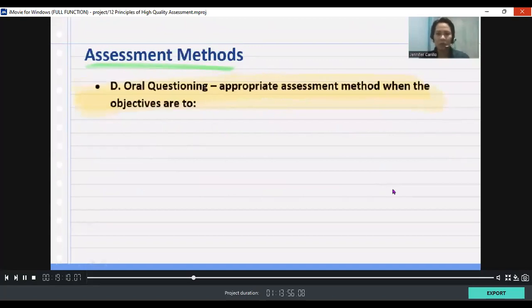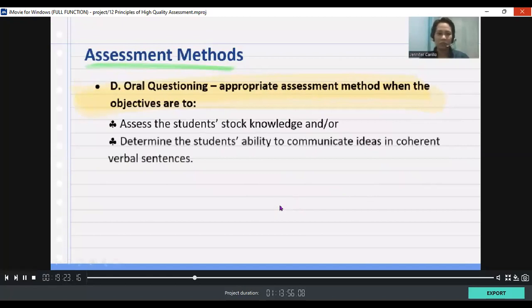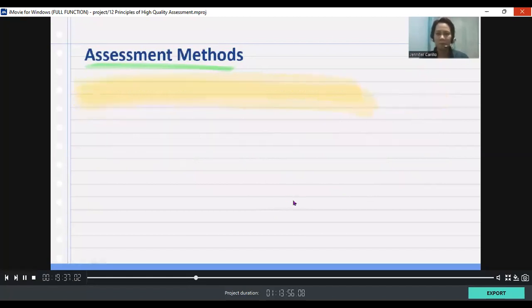Next is oral questioning. So here, we will assess the students' communication skills. So here, we can assess the stock knowledge or reasoning skills of the students, or the ability to communicate or express their ideas, including grammar and quality of idea, including fluency.